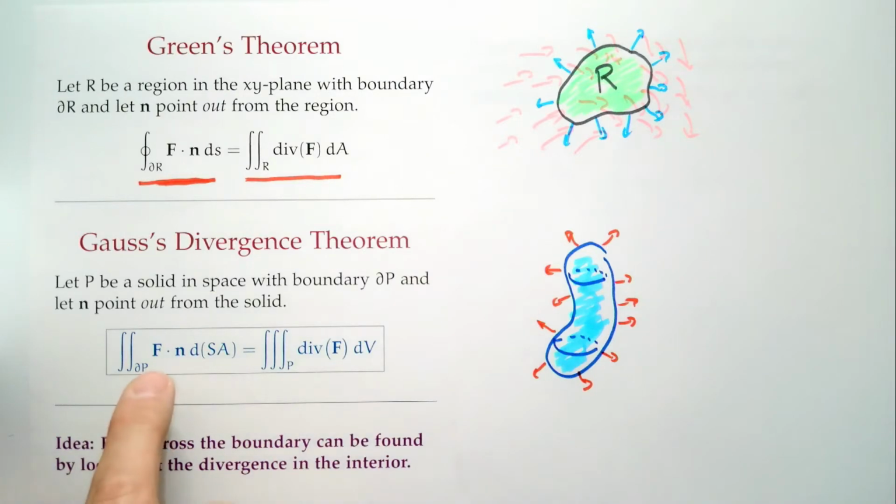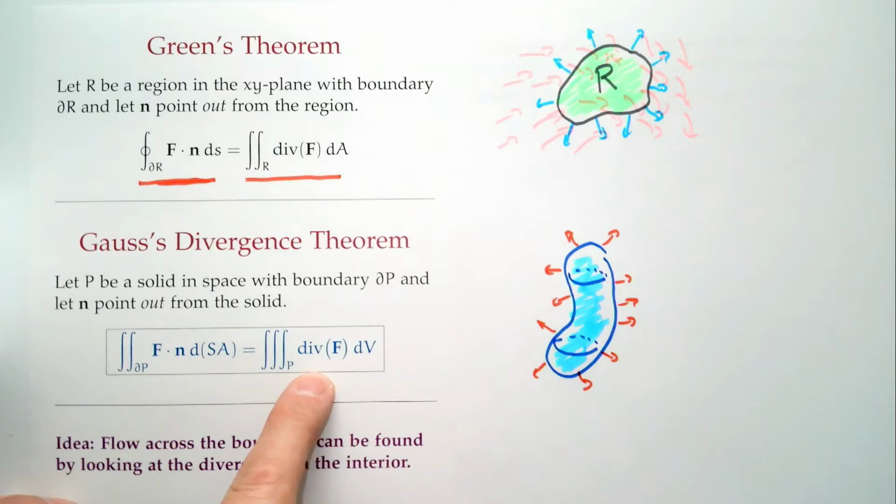So if I want to know what's happening through the boundary with this flow, I can answer that by looking at the divergence in the interior. And that's the divergence theorem. It's a beautiful thing. Flux through the boundary is found by integrating divergence in the interior. It works in 2 dimensions, and it works in 3 dimensions.